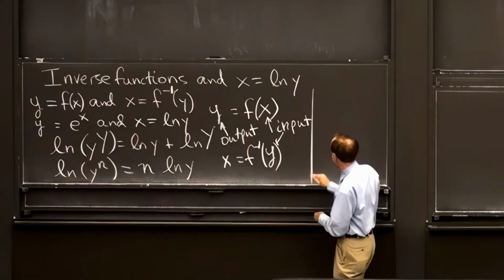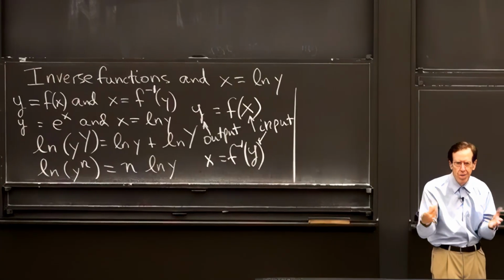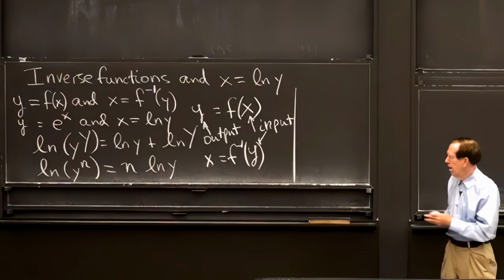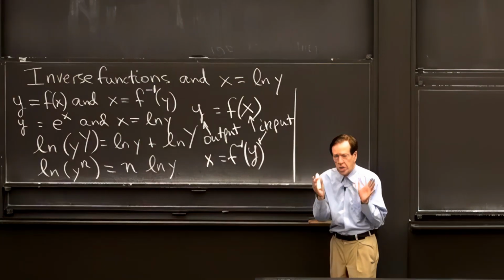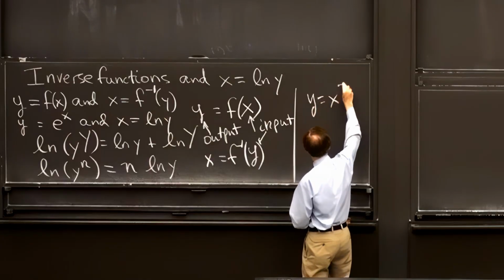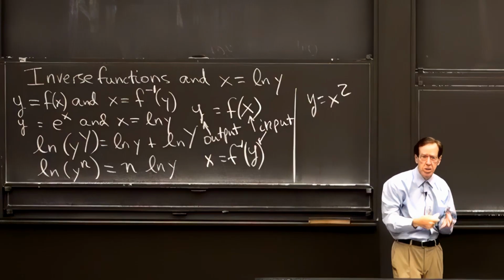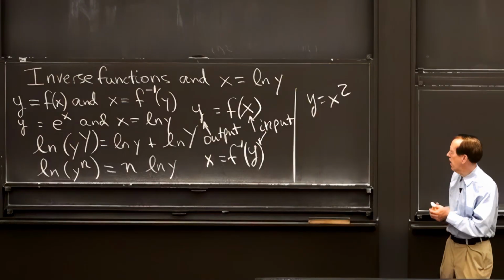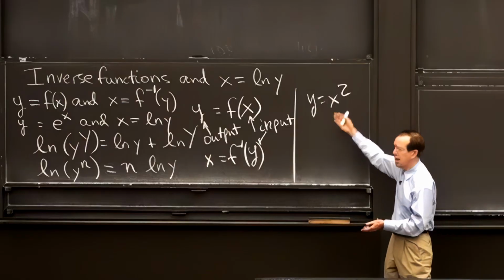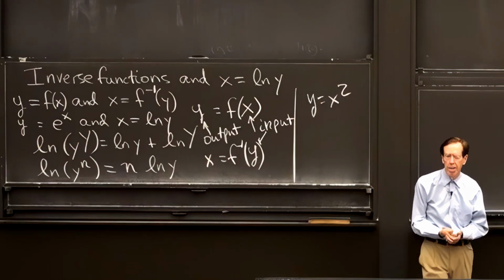Let me do an example, because that's letters, and we need a first example. Y is x squared. So that's my function f of x. F is the squaring function. Okay, if you give me x equal 3, the output is y equal 9.